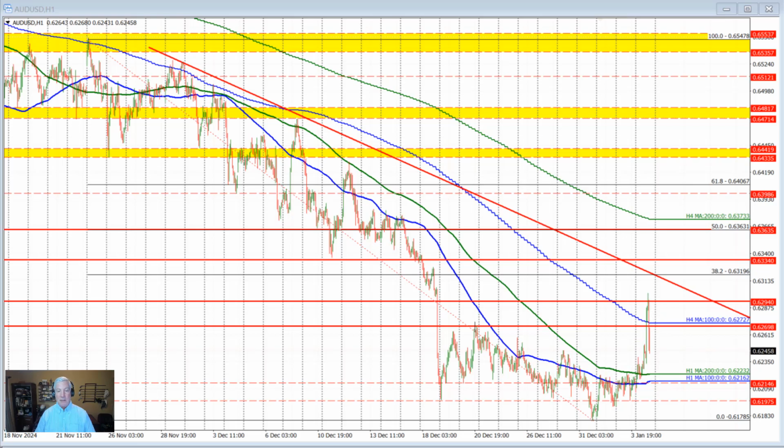That move to the downside took the price back below its 100 bar moving average on the 4-hour chart. That's this blue line right here. Also back below these highs right through here in the process, and that tilted the bias to the downside. But we are seeing the low price come in ahead of the prior lows through here before the spike to the upside.